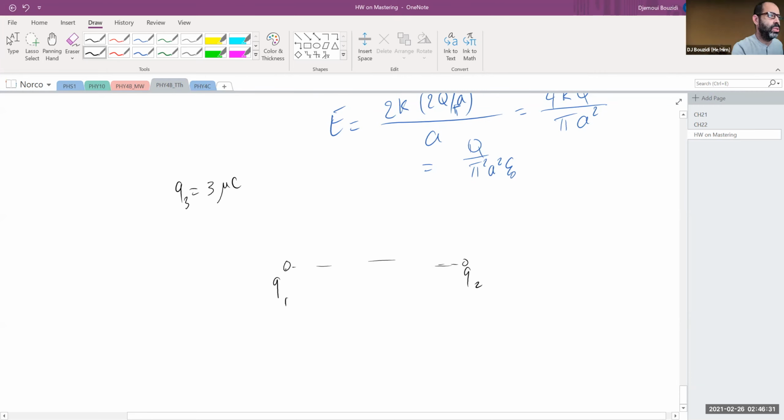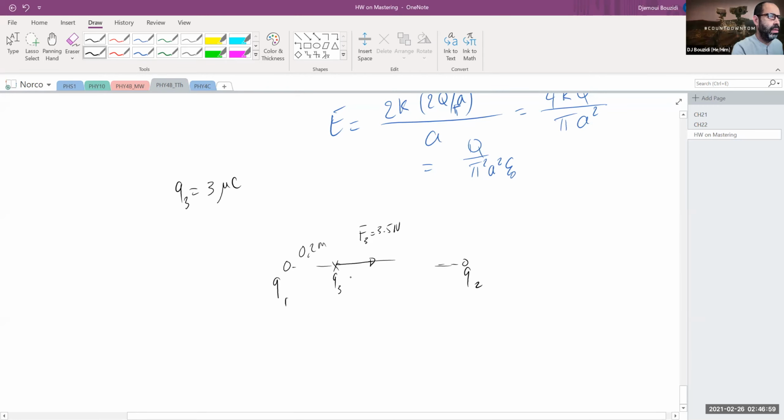You place it first at 20 centimeters. This distance is known, 0.2 meters. This is Q3, and you measure the force. You find the force on it, F on 3, to be 3.5 newtons pointing in the positive direction.